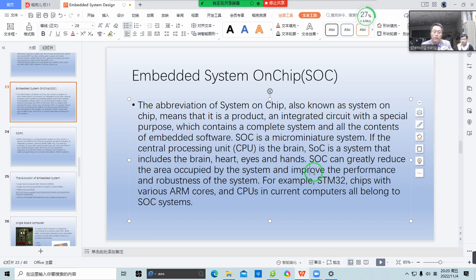STM32 is mainly used in industrial controllers, but those Samsung and Rockchip chips run on iPads, mobile phones, and video processors. Their frequency is much higher than STM32. However, because it's very high, it's not always used in industrial controllers. In industrial controllers, we always use a bit lower speed to make the device more stable.